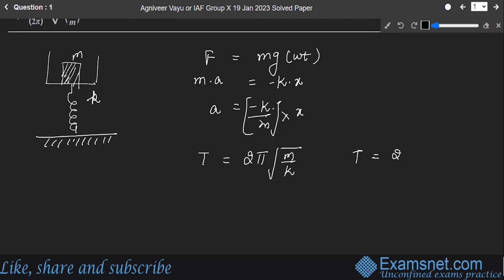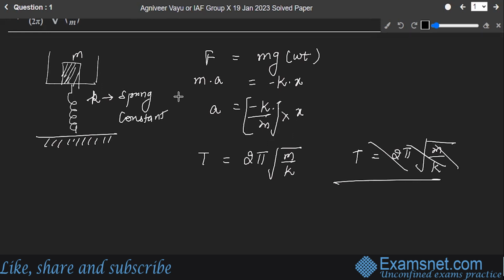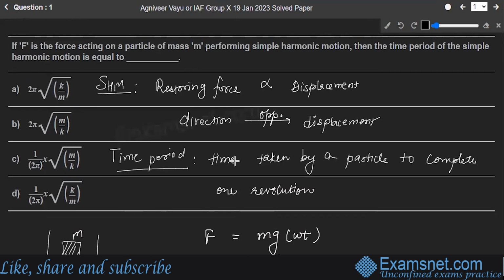T is equal to 2 pi root of m upon k. Here, m is the mass of this block and k is your spring constant. So the time period for the simple harmonic motion is given by this. You have option B as your answer.